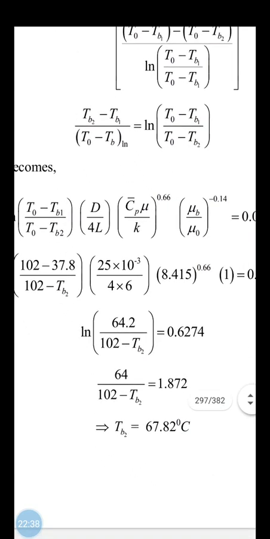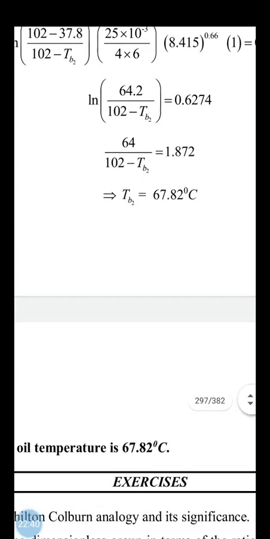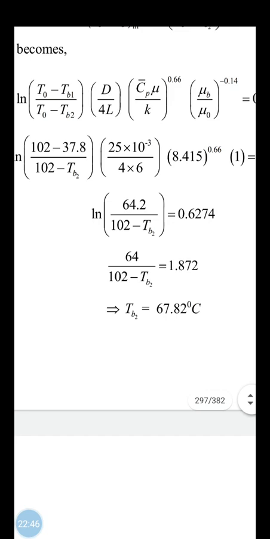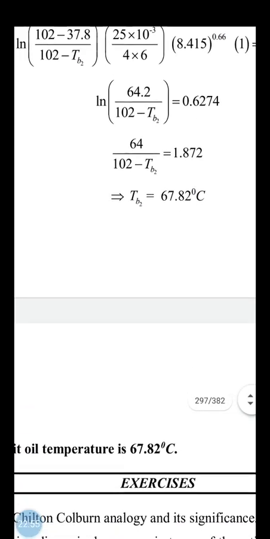So you can solve this and you find Tb2 is 67.82 degrees Celsius. So what you find out from this problem is the Reynolds number, the Prandtl number, and you have calculated the exact exit oil temperature of the fluid.